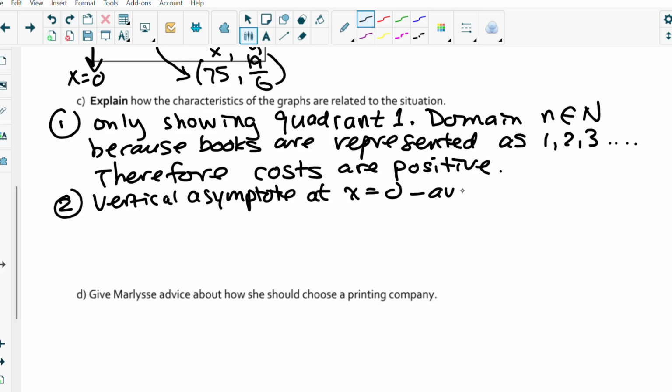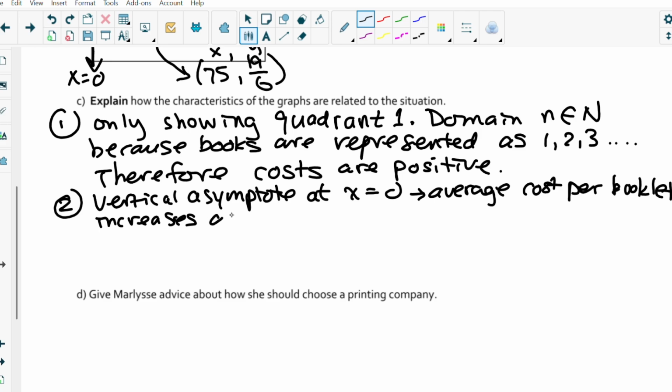Average cost per booklet increases as number of booklets decreases.